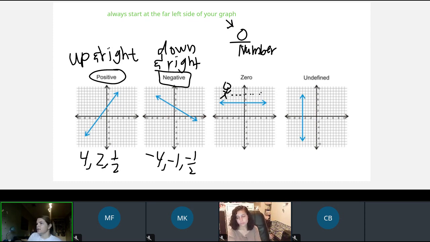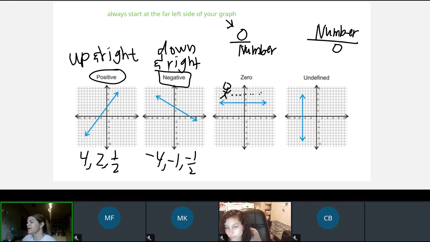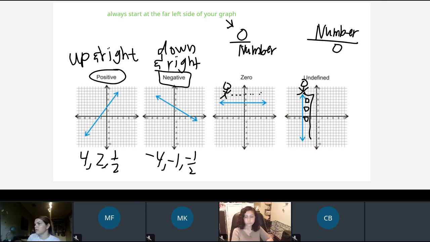Undefined is when you have some number on the top and 0 on the bottom. We can't divide by 0. Think about it this way. If this was like a building, like a skyscraper, here's some windows, and you're at the top and you said, come on down this blue line.